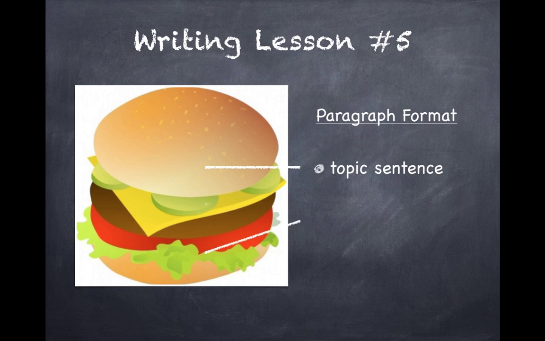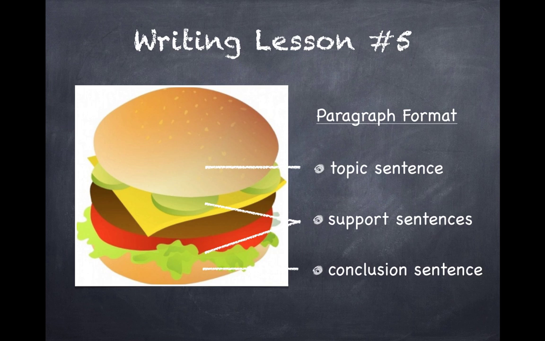Well, that's going to be your support sentences. And then last, you can't have a cheeseburger without the bottom bun, and that's going to be your conclusion sentence. So, a paragraph is like a cheeseburger, and you can see the labeling there. We have our topic sentence, our support sentences, and our conclusion sentence.